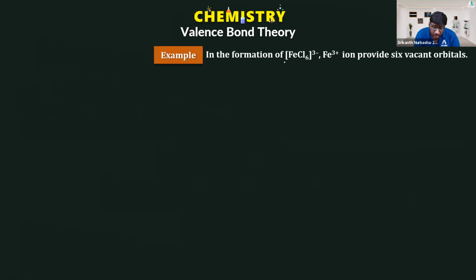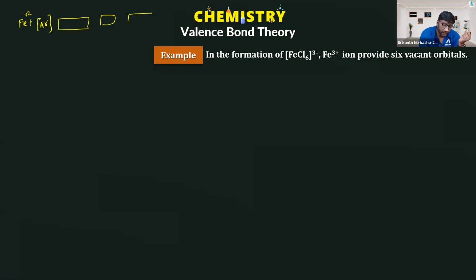For example, in the formation of FeCl6 3 minus, Fe plus 3, write the electronic configuration. Fe plus 2, argon, 3d6, right?